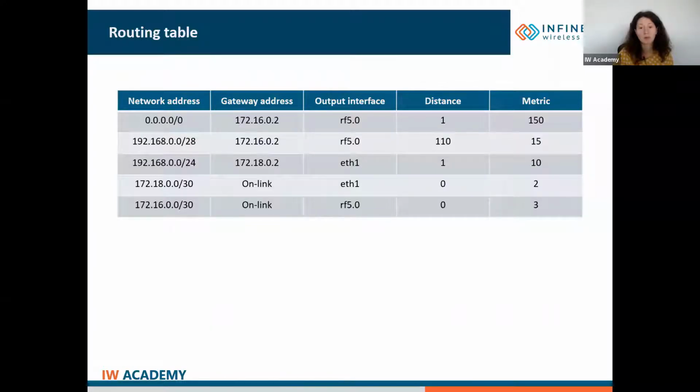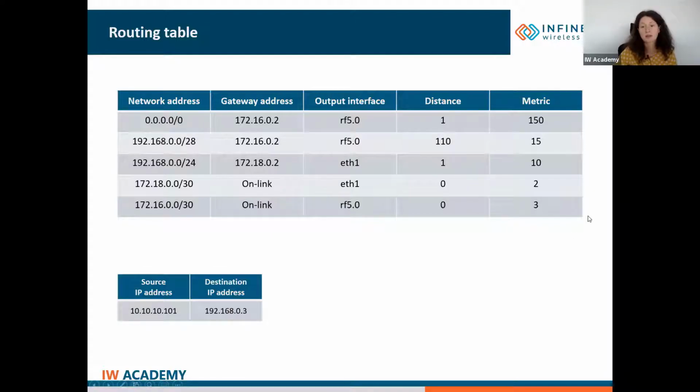Coming back to the routing table that we checked in a previous slide, let's see how the different packets will be analyzed by the router. Let's say our first packet has the source IP address 10.10.10.101 and the destination IP address 192.168.0.3. As we discussed, when routing the packet, we are only interested in the destination IP address.